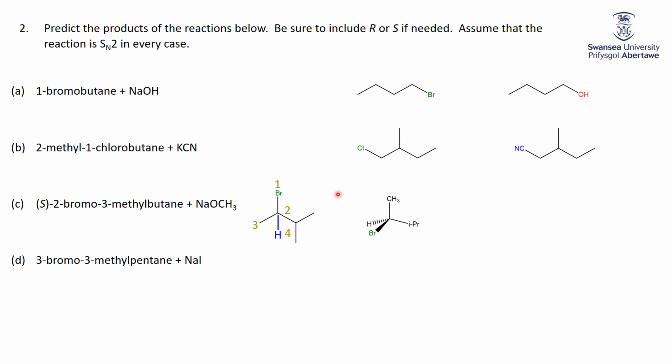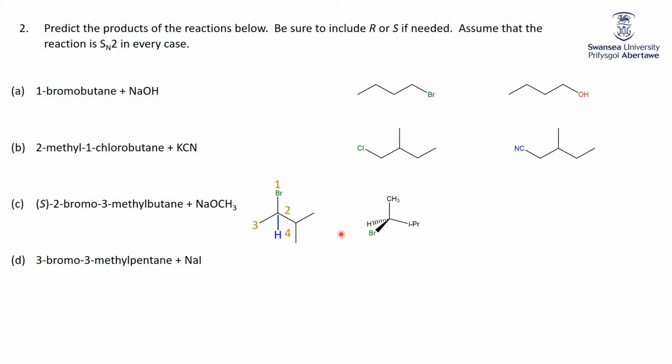Various other ways you could put the different things on, but you've always got to make sure that when you have the hydrogen going away, you go anti-clockwise as you go bromine, isopropyl, methyl. Or of course, if you draw the hydrogen coming out at you, you would go bromine, isopropyl, methyl, but you'd have to do it clockwise because when the lowest priority group comes out at you, it flips the rules. Hopefully that wasn't too much.